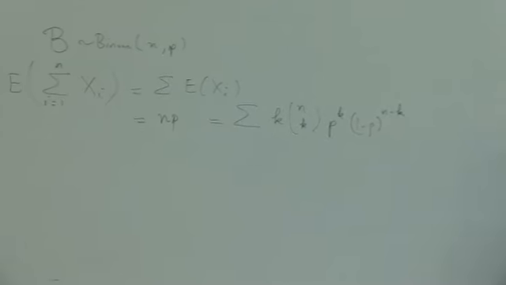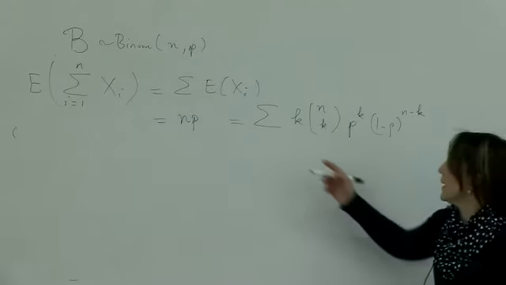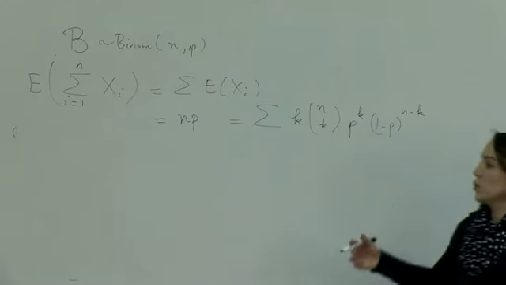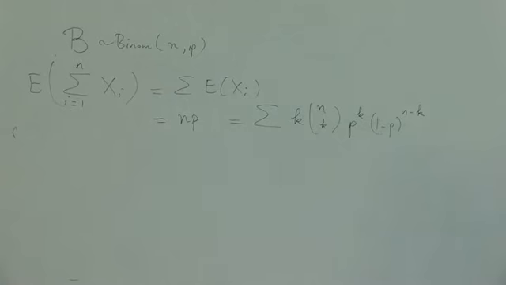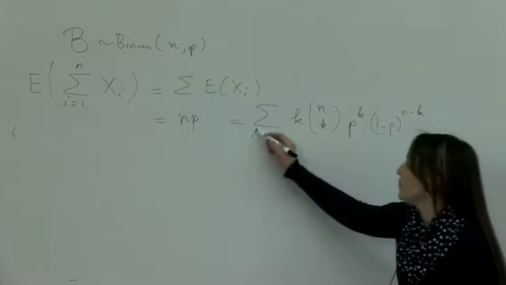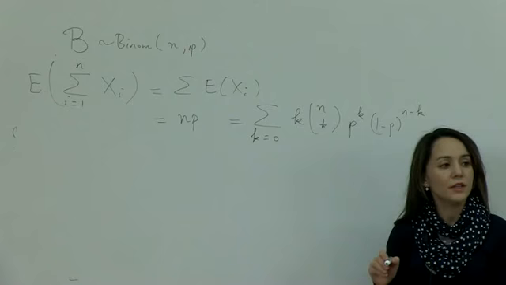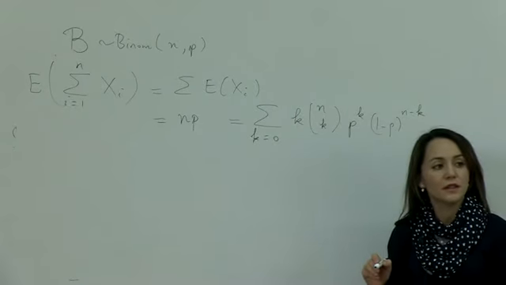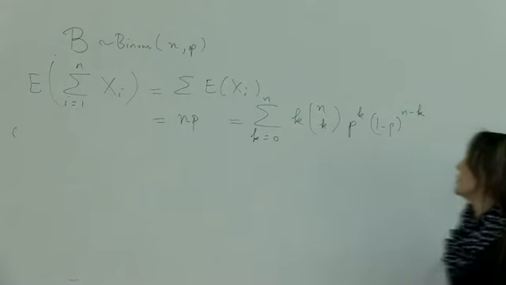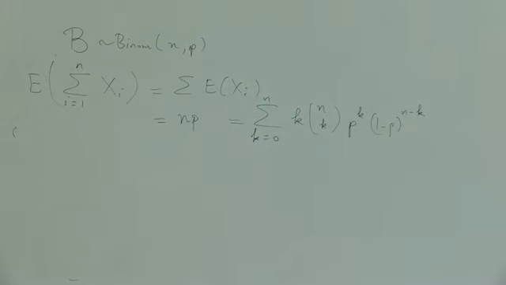Right, that's right. Okay, what are the limits for k in this summation? K goes through all the possible values that the random variable B can take, which is 0 to what? N. Okay? Any problem with this? Is it now correct?